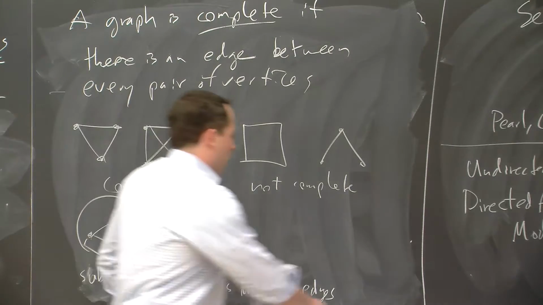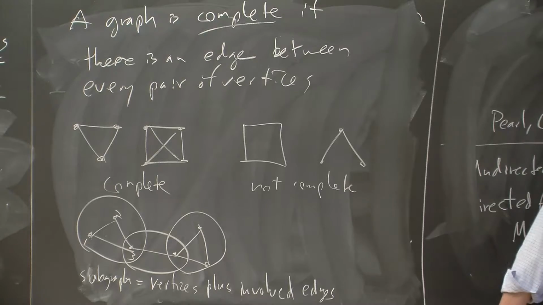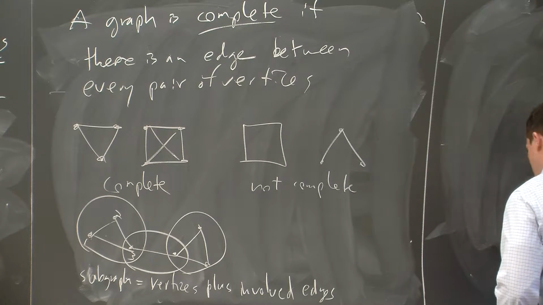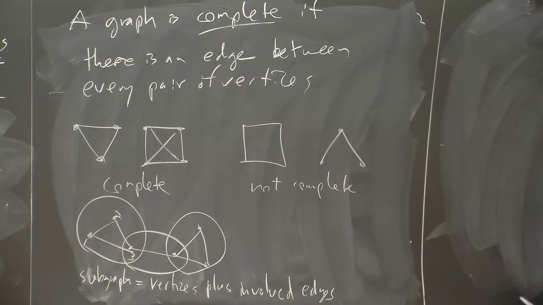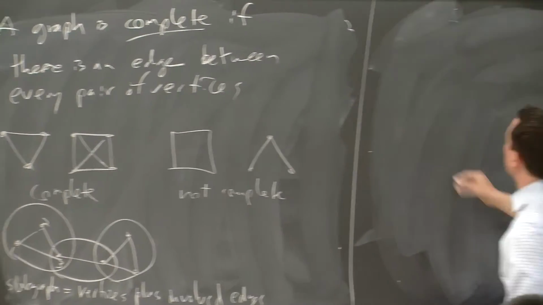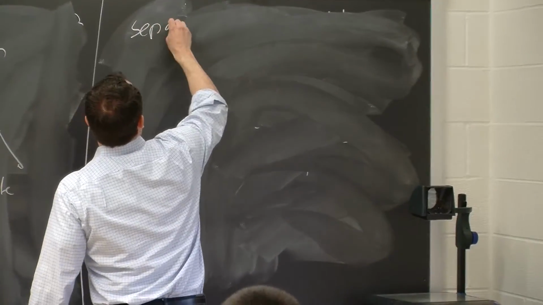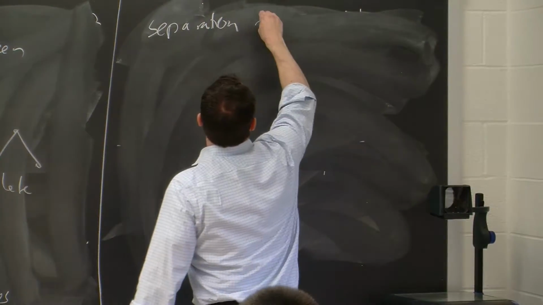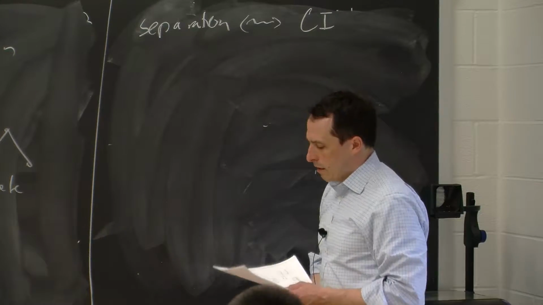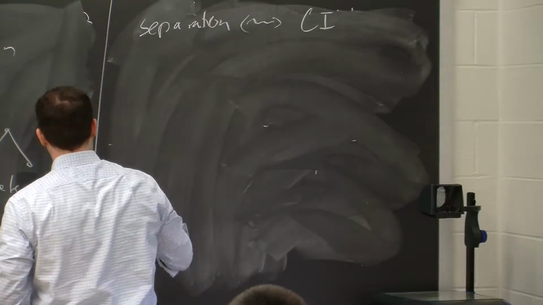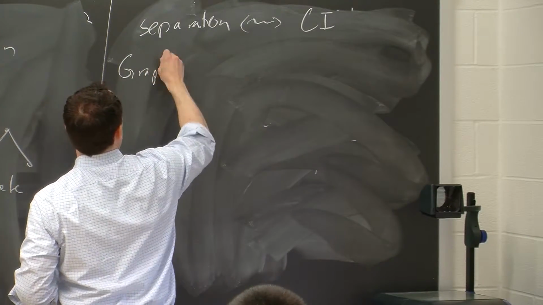So the key miracle of undirected graphical models is that we can relate conditional independence to separation in the graph. It is approximately the same as conditional independence. So what do I mean by graph separation?